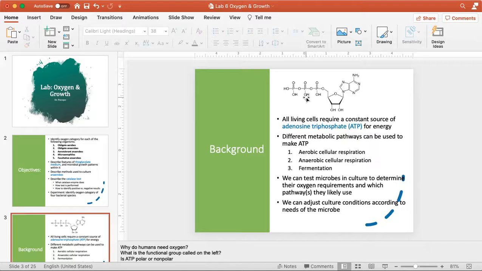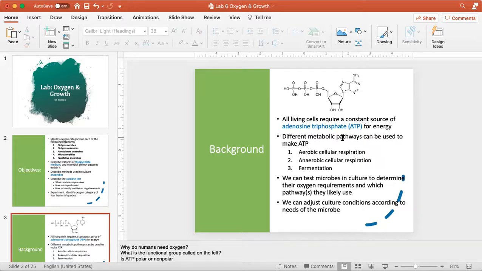As I said, there are lots of ways to make ATP: aerobic cellular respiration, anaerobic cellular respiration, and fermentation. 3 ways to do it. And depending on the species of bacteria, we see all kinds of combinations of these 3 pathways. We can test microbes to find out what their oxygen requirements are, and then basically estimate or guess at which category they belong in, what pathways they're using.